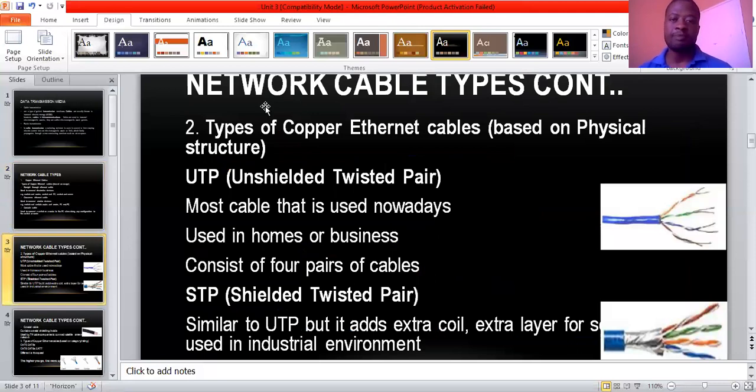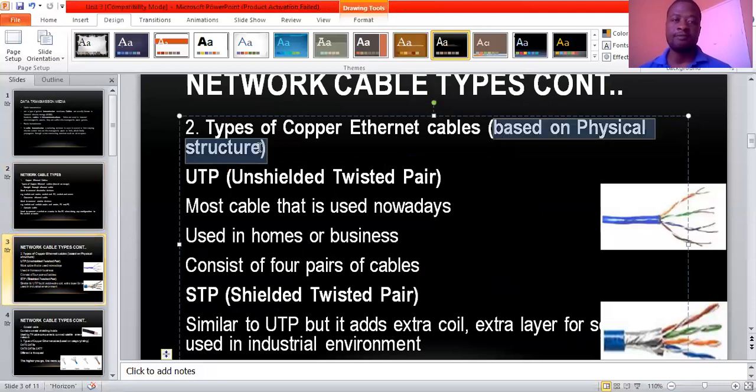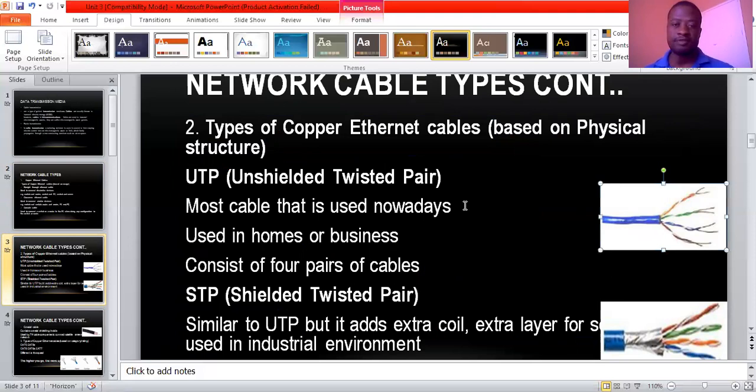Now, the types of copper cables based on the physical structure. Based on the physical structure, we have the unshielded twisted pair, the UTP, which is the first one here. This is an example of UTP.